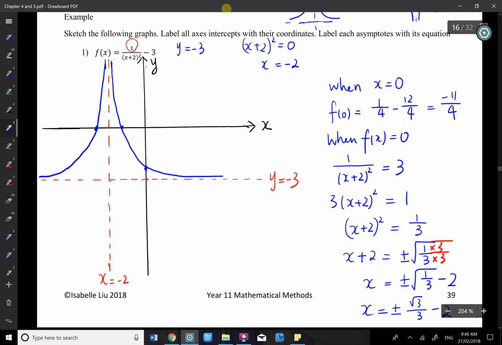But remember, asymptotes must be longer than the graph, and the graph in the end must be parallel to the asymptotes and close enough to the asymptotes. This point is negative 2 plus root 3 over 3, comma 0. This point is 0, negative 11 over 4, and that point is negative 2 minus root 3 over 3, comma 0.